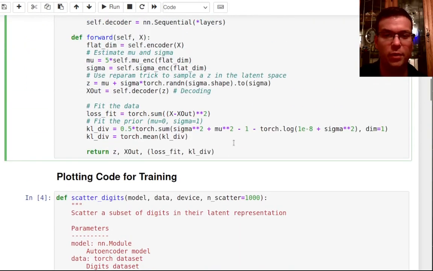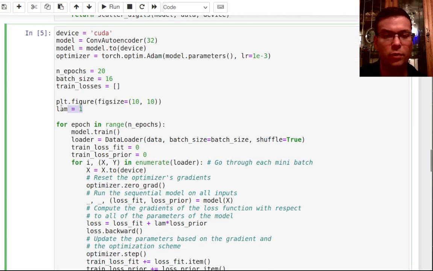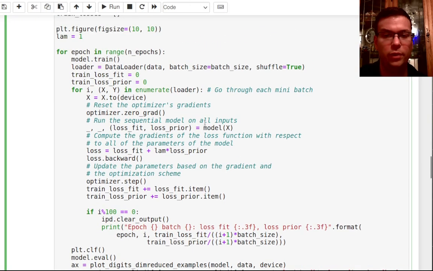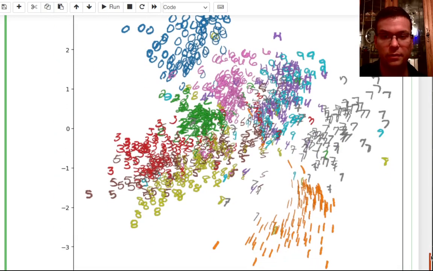So I'm going to make the range of the mean between -5 and 5. The other thing I did was define this variable called lambda, because I want to play with the trade-off between the fit loss and the prior loss. But first, I'm going to start off with lambda equals 1, just to see what happens when I add them directly together.